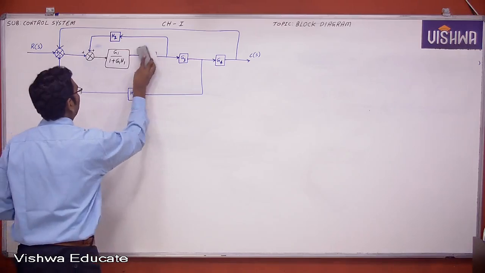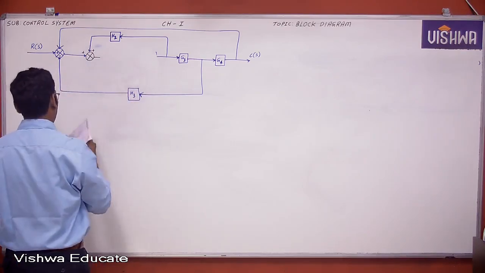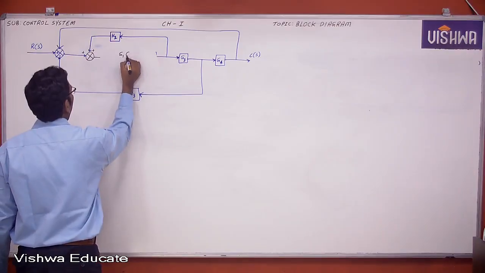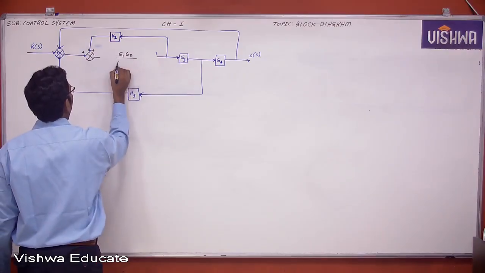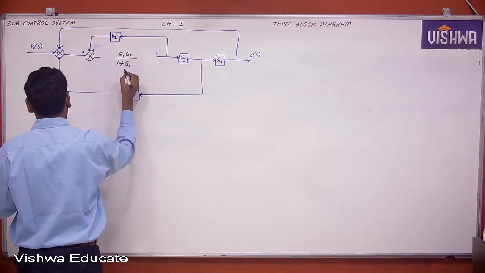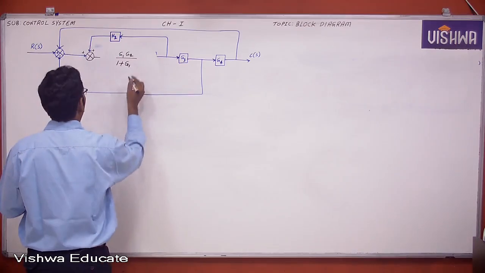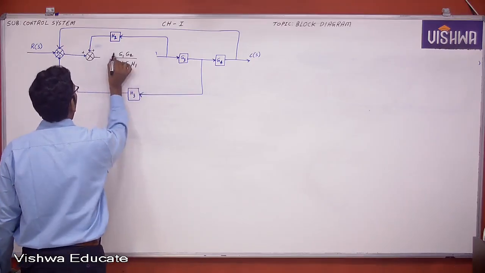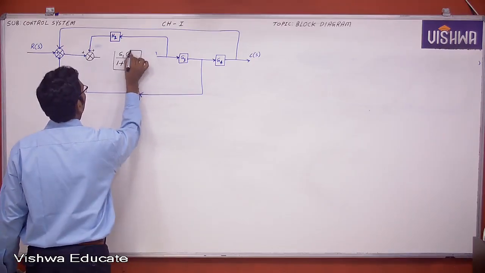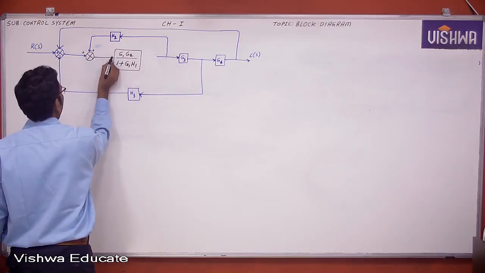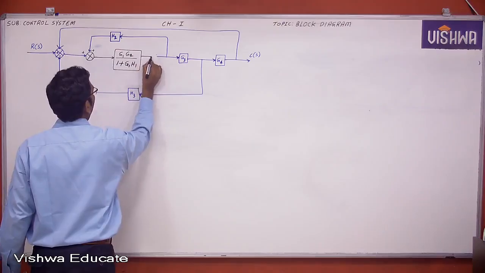First we will see G1 G2, which is nothing but, since both are connected in series, G1 G2 by 1 plus G1 H1. So both are connected in series, then I do the parallel and series connection, cascading.